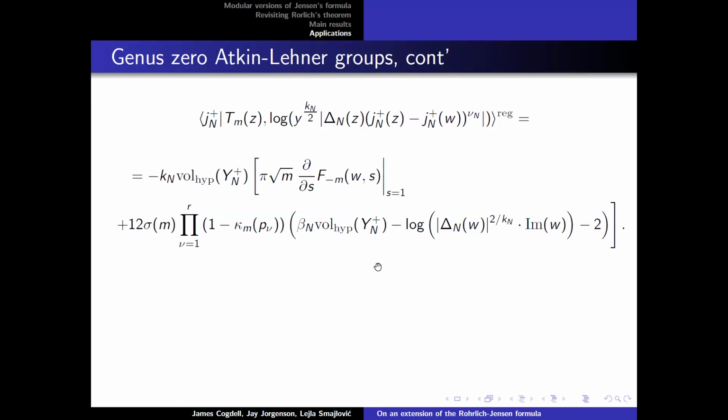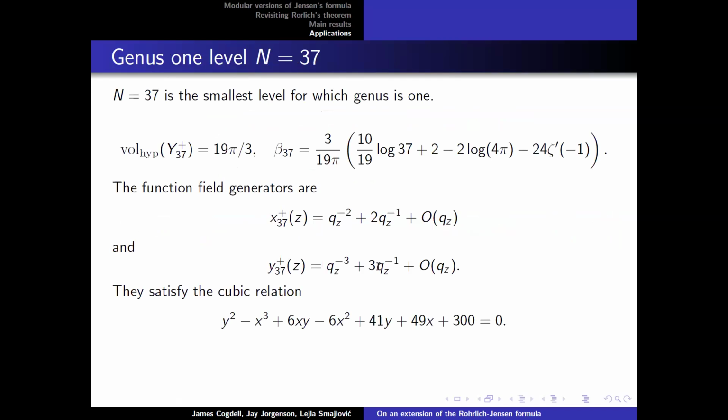Okay, and I will give just the last example, which is a genus 1 example. So the smallest level for which genus is 1 is the level 37. So for this level, again, everything can be even more explicitly computed.